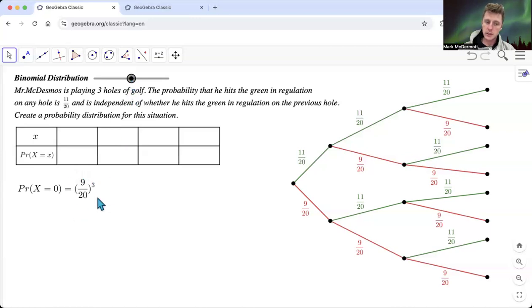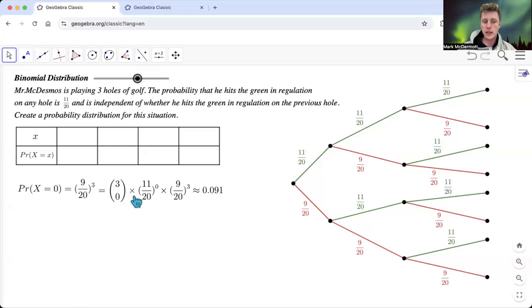Okay, but we need to unpack this a little bit more. There's actually a bit more going on here than what seems to be the case at first. And let me explain. What we have here is basically an example of what's called the binomial distribution. So this 3 over 0 is a function in maths called choose. So we would say 3 choose 0. Think about it like this.